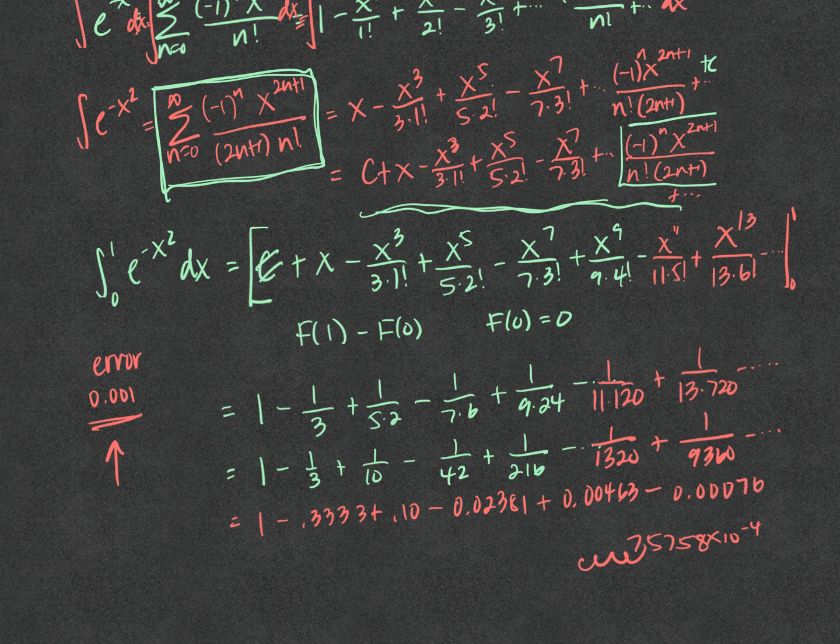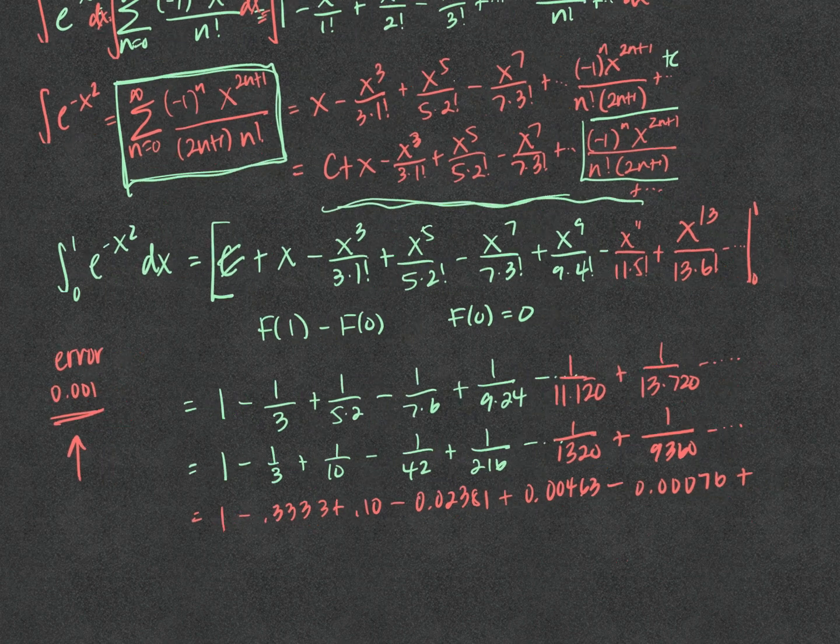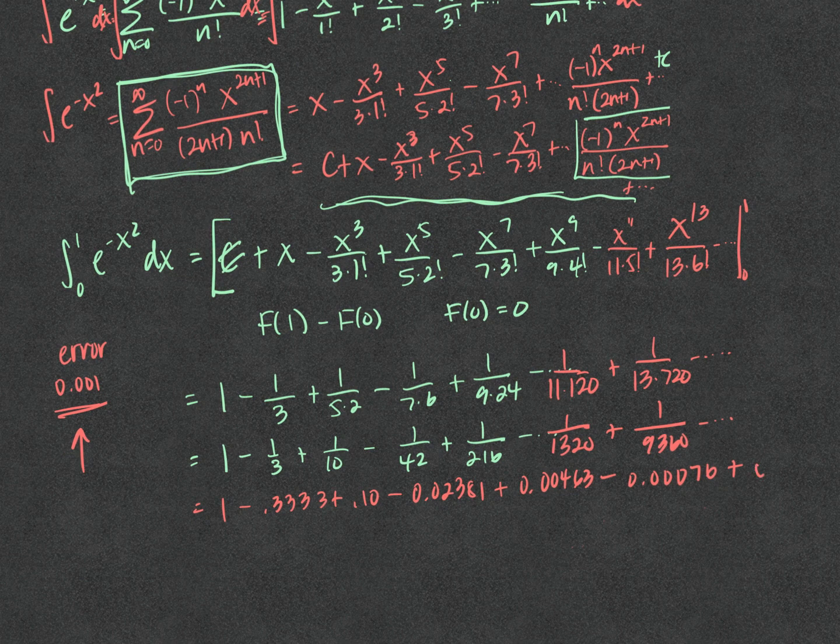So we have 0.00076. Now, I'm going to erase this and add the last term because we did 2 just in case. So I'm going to add 1 divided by 9360, which is 0.00011 minus dot, dot, dot.